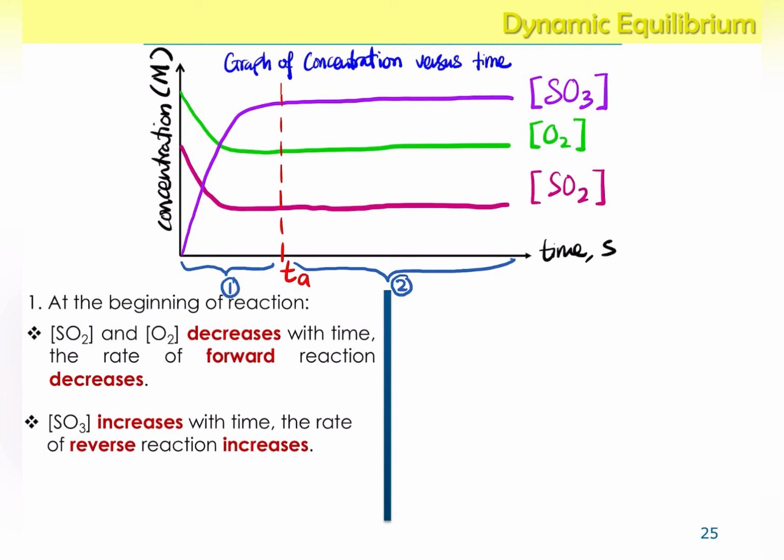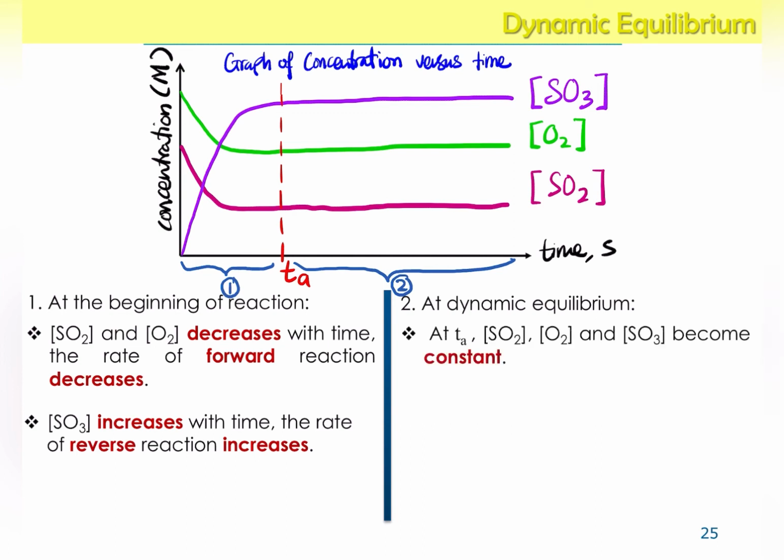For the next one, you have to describe area 2 and we call it dynamic equilibrium. Maknanya dia sudah achieve dynamic equilibrium after time A. And what will happen at TA, the concentration of SO2, O2 and SO3 become constant. So kita akan ambil point untuk TA berdasarkan sketching awak bermula pada semua spesies dapat line yang mendatar, iaitu horizontal line.